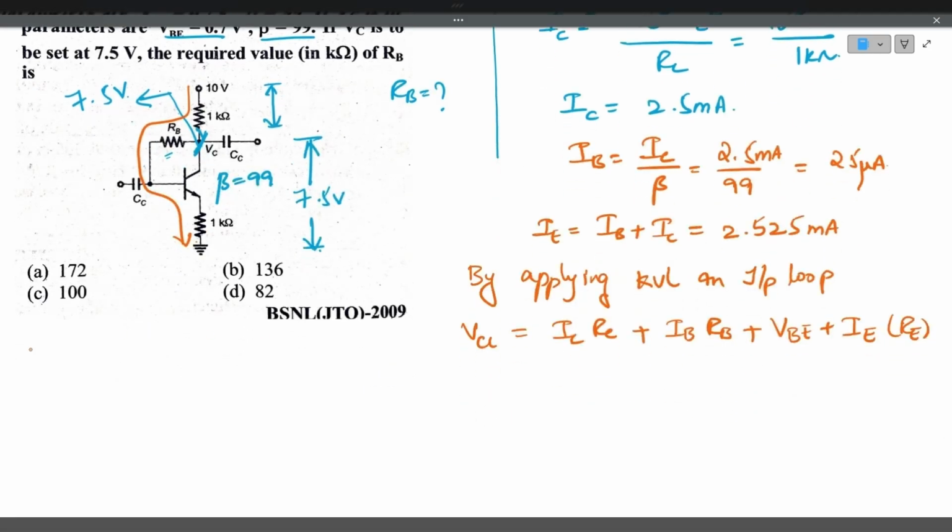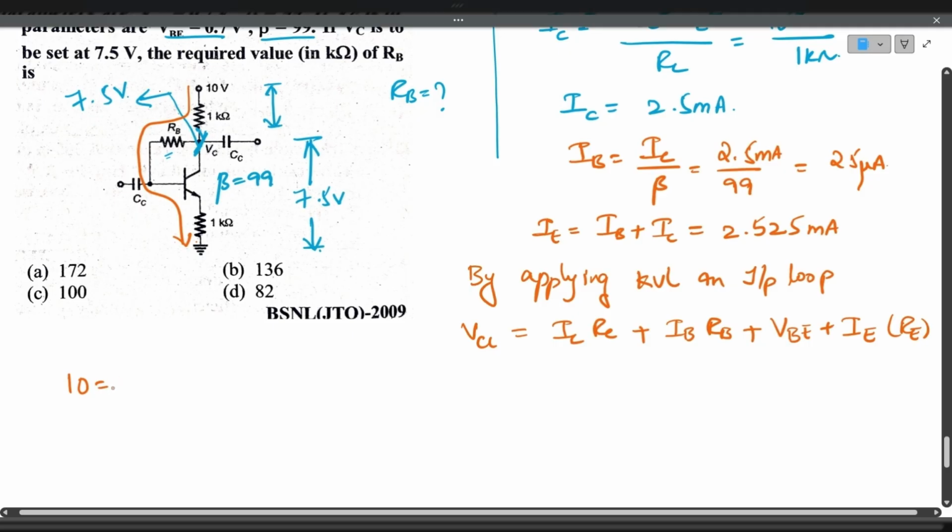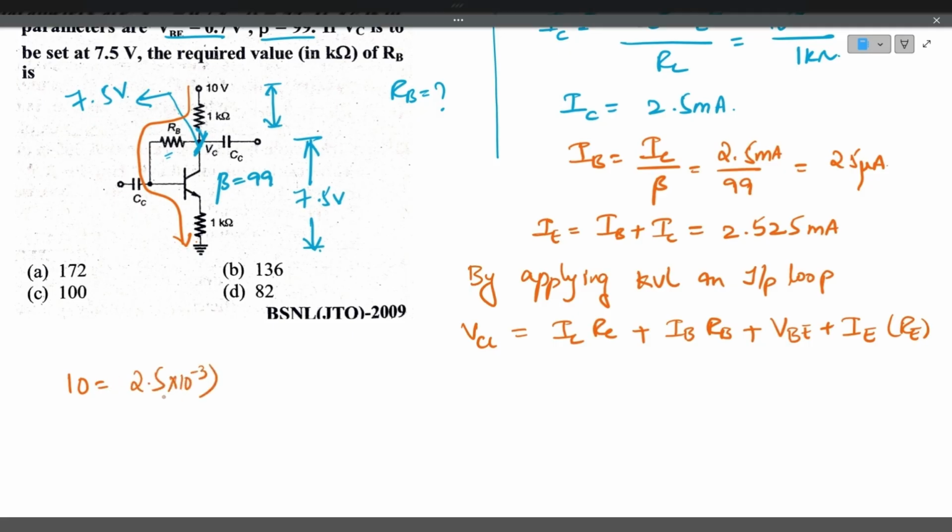So if you substitute all these values, VCC is 10 volts, the collector current is 2.5 milliamps, collector resistance is 1 kilo ohm, base current is 25 microamperes, base resistance is not known, we need to find that.